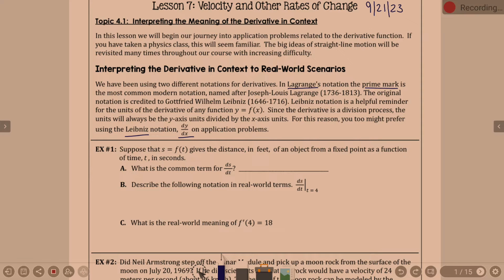Now, the advantage of the Leibniz notation is that it helps with the units. Since a derivative is a division process, the unit will always be the y-axis units divided by the x-axis units.